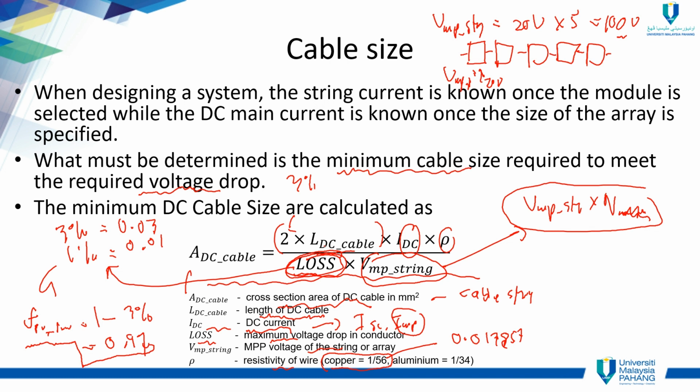I go back to this part. Okay, please focus. This is very critical. The length of the cable. Why is it multiplied with 2? It is because the length of the cable, plus and minus, are in the same length, so 2 multiplied with the DC length.